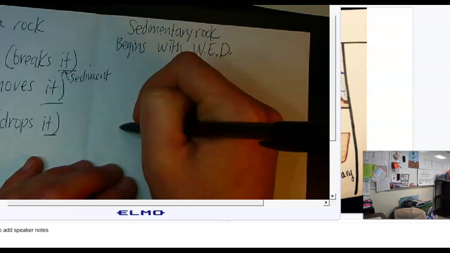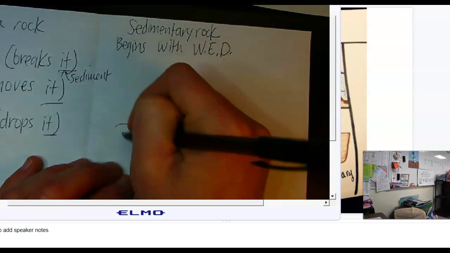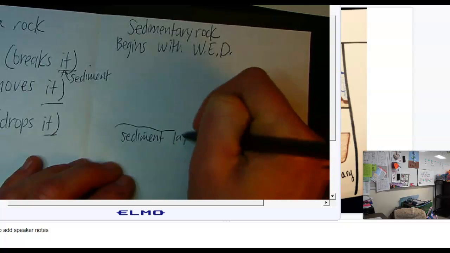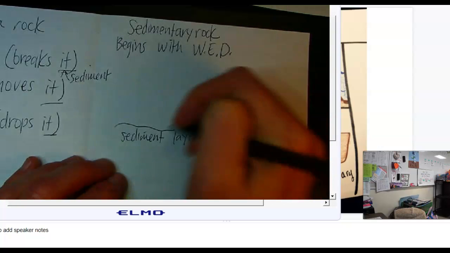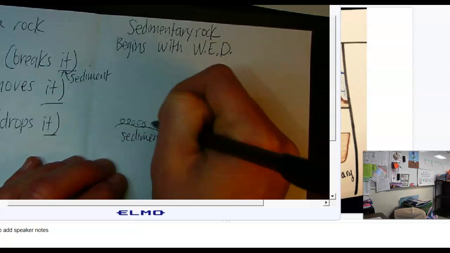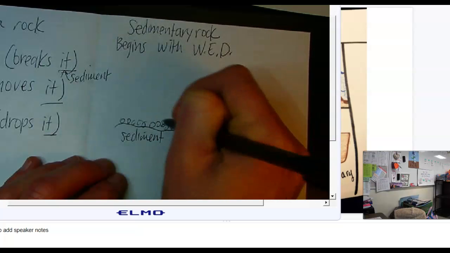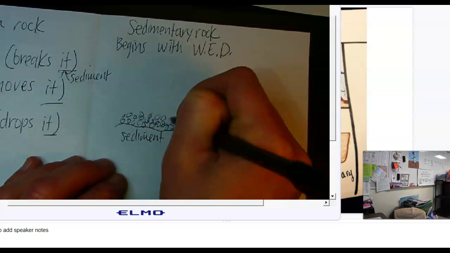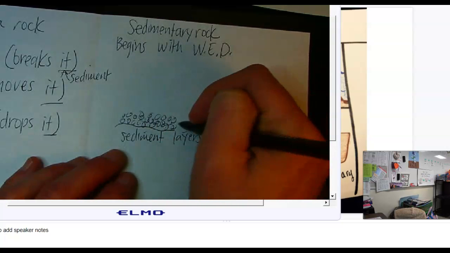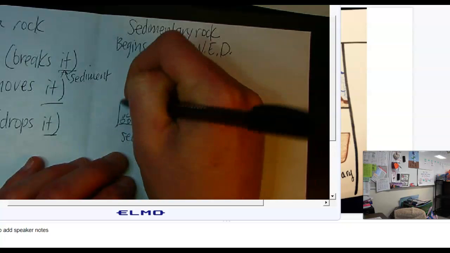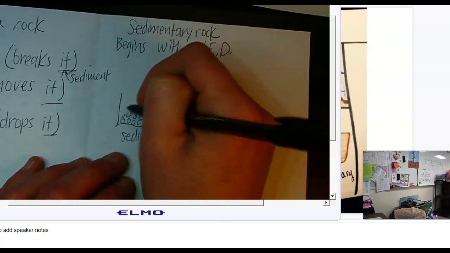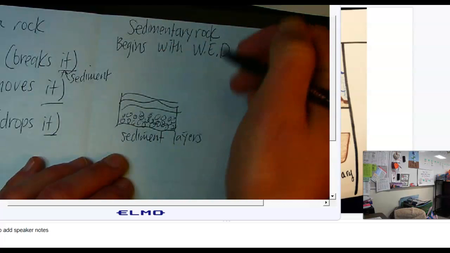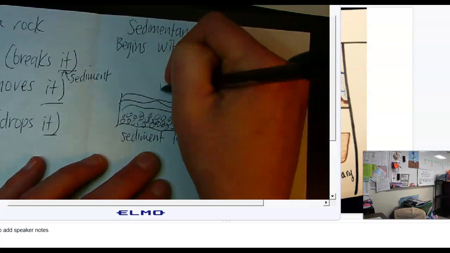Then what happens is it forms sediment layers, which eventually might be conglomerate maybe, or might form limestone over time. But then we keep piling on layers and layers, and this happens over millions and millions of years.